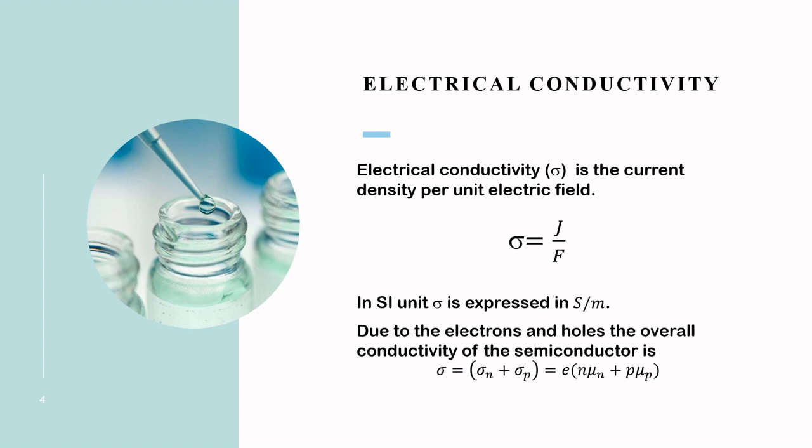Sigma n is represented by e n mu n. n is the electron concentration and mu n is the carrier mobility, plus p mu p. p is the hole concentration and mu p is the carrier mobility. e is the electronic charge. So the total electrical conductivity of a semiconductor is e into n mu n plus p mu p.